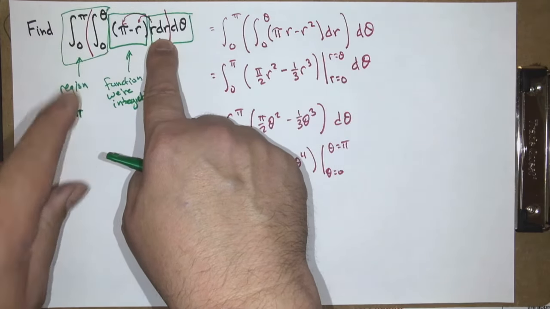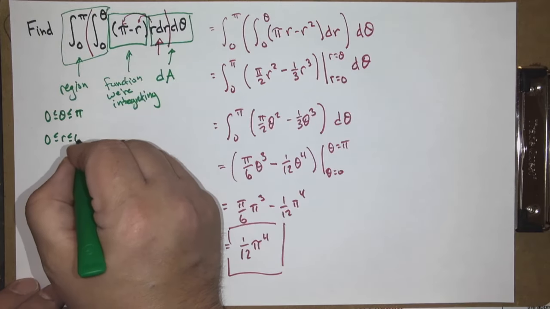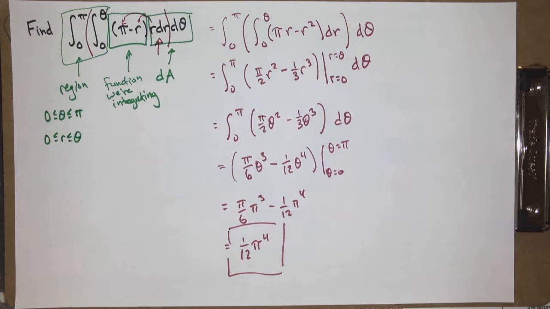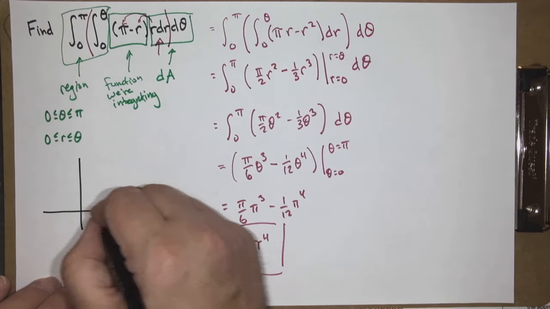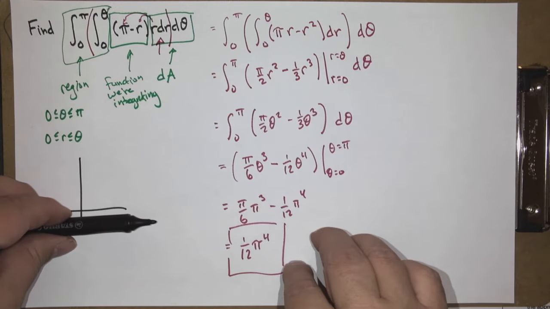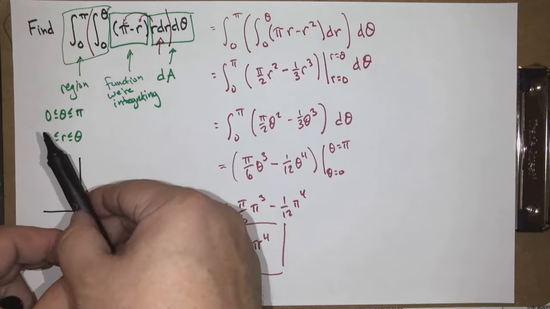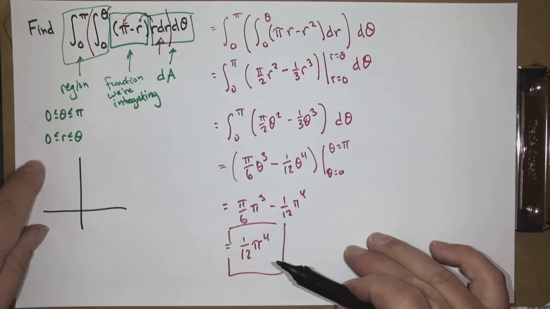R goes 0 to theta. Now, in terms of the plane, theta going from 0 to pi, theta equals 0 is the positive x-axis. You spin, theta equals pi is the negative x-axis. So we're in the top half.